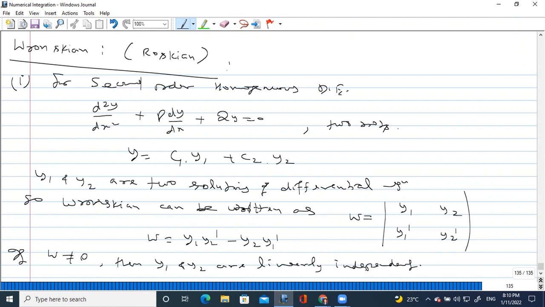If they are linearly independent, then W should not be equal to 0. And if W is equal to 0, it means they have a relation between them and they are linearly dependent. So if W equal to 0, then y1 and y2 are linearly dependent. Note down this.